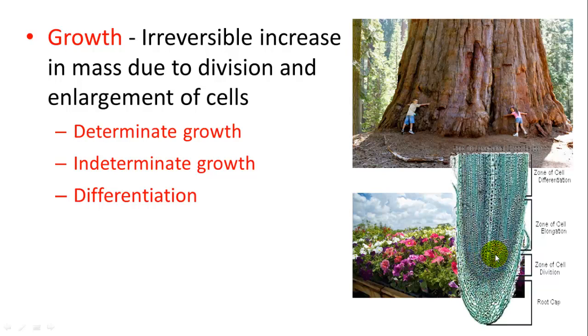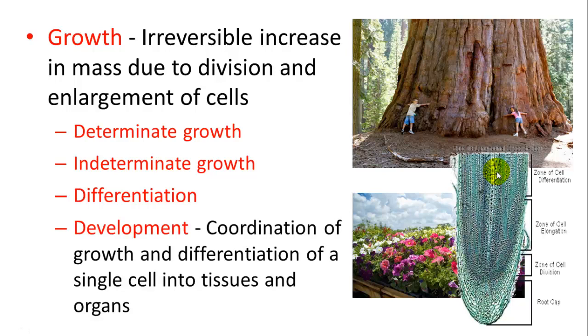But as the root grows, these different types of cells will elongate and then differentiate into the different types, including xylem, phloem, parenchyma, or sclerenchyma, all those different types. So development then is the coordination of growth and differentiation of a single cell into tissues and organs. All right, eventually these are going to become leaves and stems and different parts of the plant.